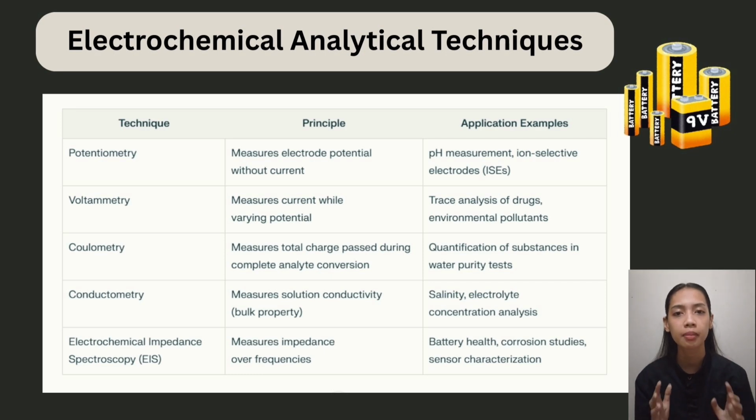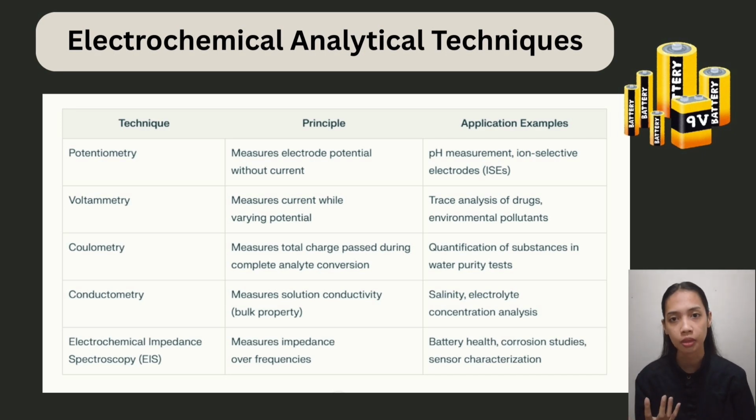There are several main electrochemical techniques used in analytical chemistry. Potentiometry measures the voltage without passing current, like in pH meters or ion-selective electrodes. Next is voltammetry, which measures current while changing the voltage, which helps detect small amounts of drugs or pollutants. Next is coulometry, which measures the total charge passed during a reaction, useful for precise quantification.